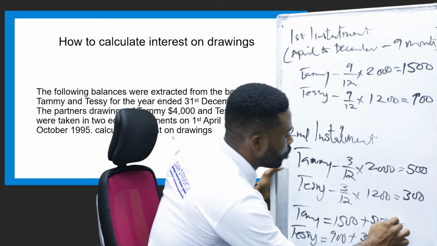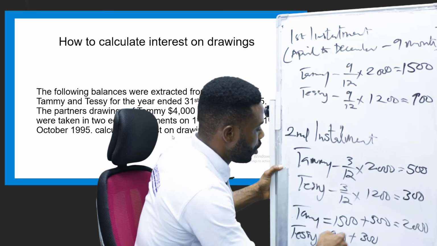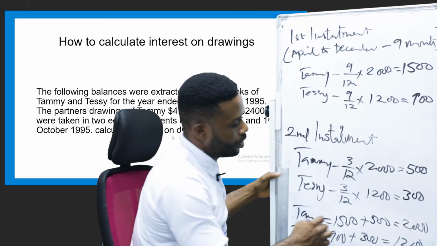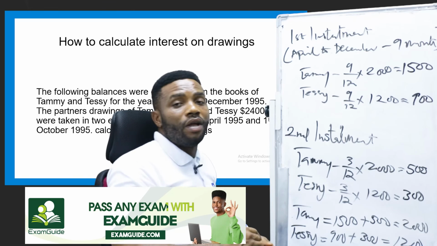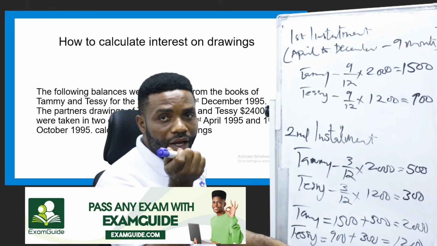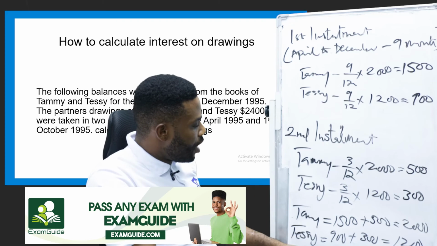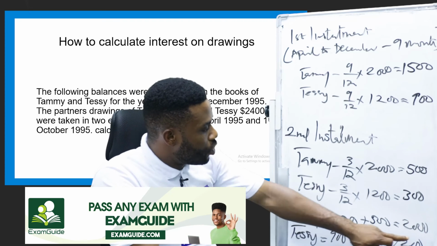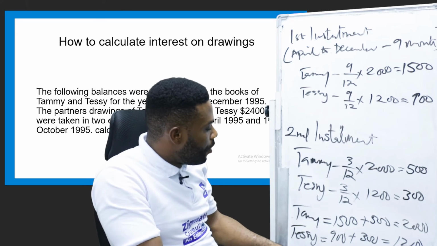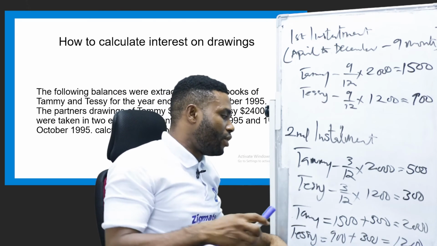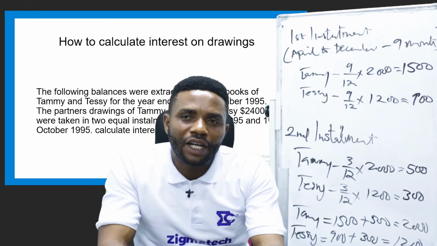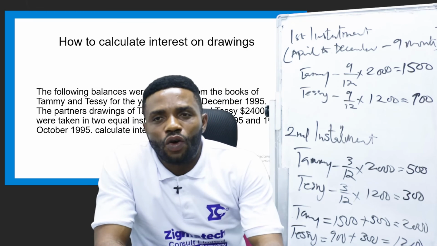So this one is equal to 2,000, and this one is equal to what? 1,200. So you can see now that interest is 2,000 on the 4,000 that he took, while Tessie's own is 1,200. So that is how you calculate interest on drawing.